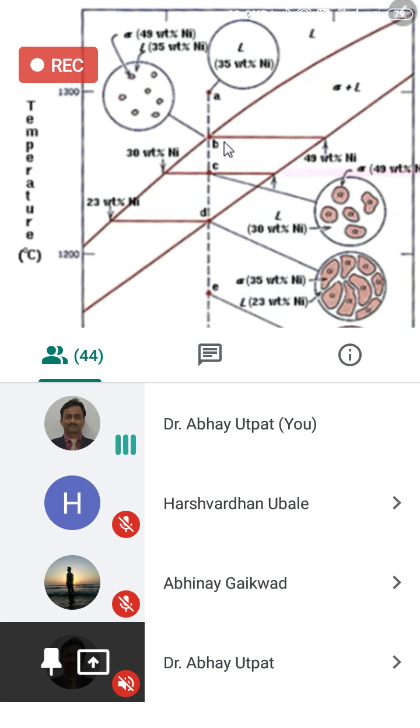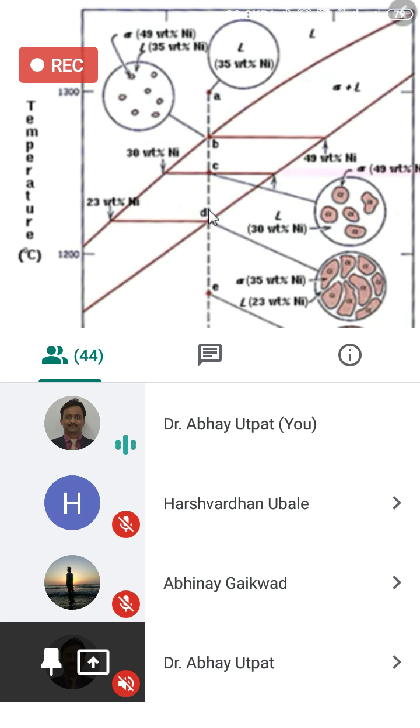That is solidification starts. This solidification will continue from point B to point D. Point B is just below liquidus line and point D is just above solidus line. So from point B to D, amount of solid increases and amount of liquid decreases.